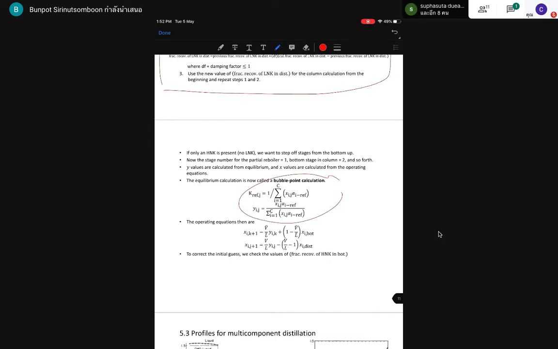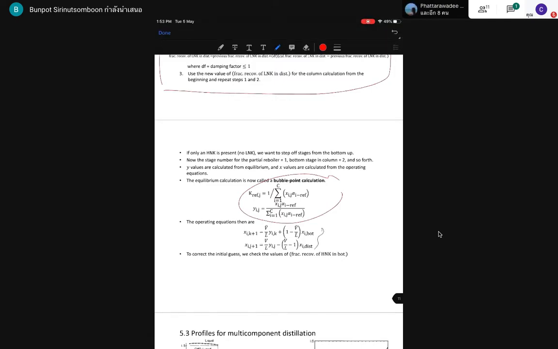You have to switch between the equilibrium equation and the operating equation. Sorry, let me say it again. You have to know where to switch from the stripping operating equation to the enriching operating equation when you move from below the feed stage to above the feed stage. That is when you have to switch the operating equation.